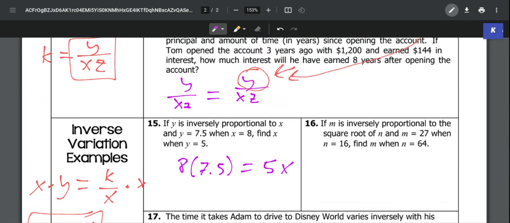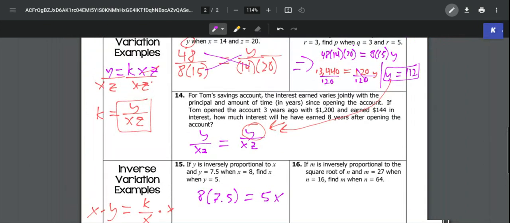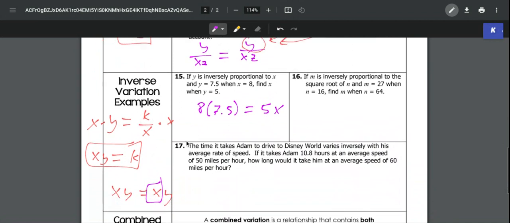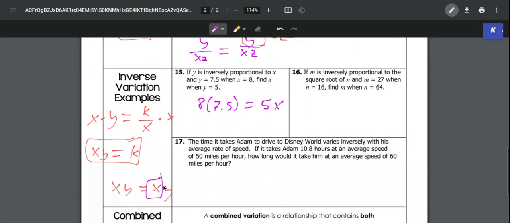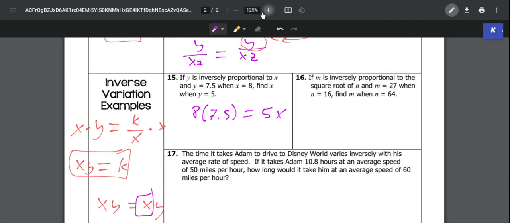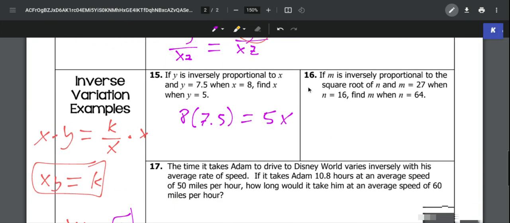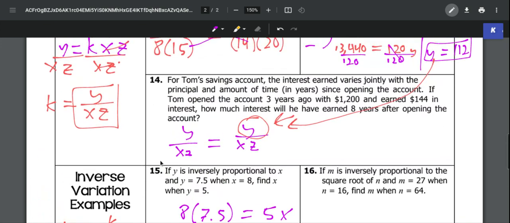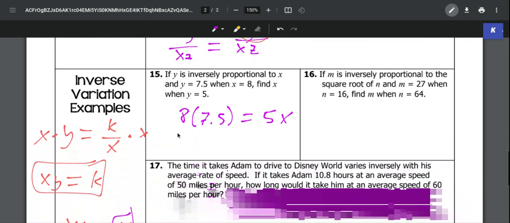On joint variation, we had y over xz. For inverse, your cheat code is just xy equal to xy, or just x times y. That's all you've got to really remember. Or it may be given to you in a different set of variables, but it still doesn't matter. You're essentially multiplying with inverse, and you're dividing or setting up a proportion with joint.